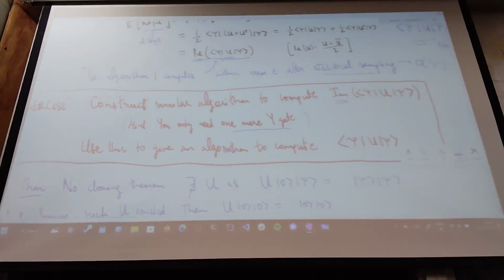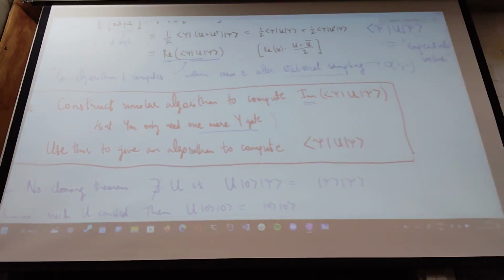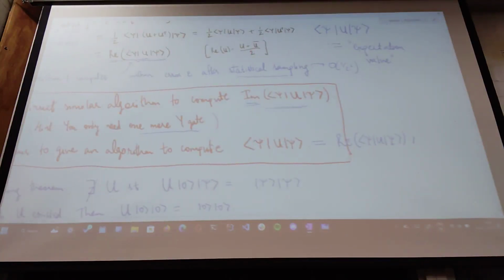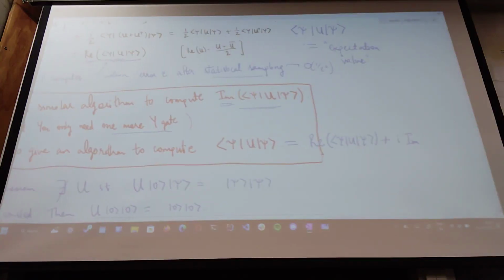But if you do this, the nice part is, if you can compute both the real part and the imaginary part of the expectation value, you can add them up to get the complete expectation value.